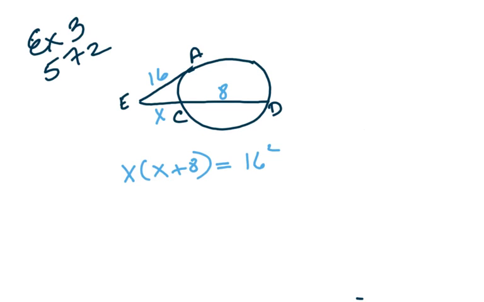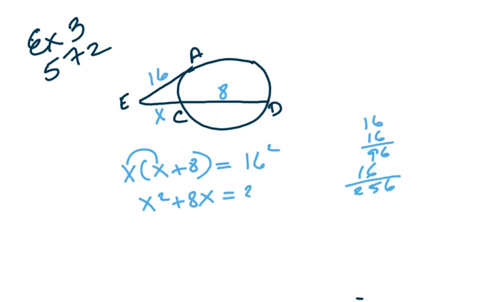Okay? So let's do this. X squared plus 8x equals 16 times 16, which is 256, right? You'd think I'd know that by now.